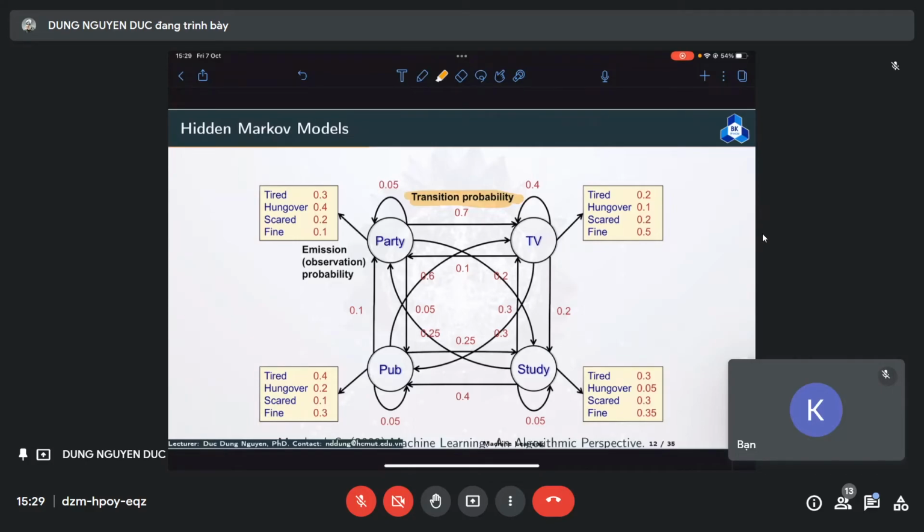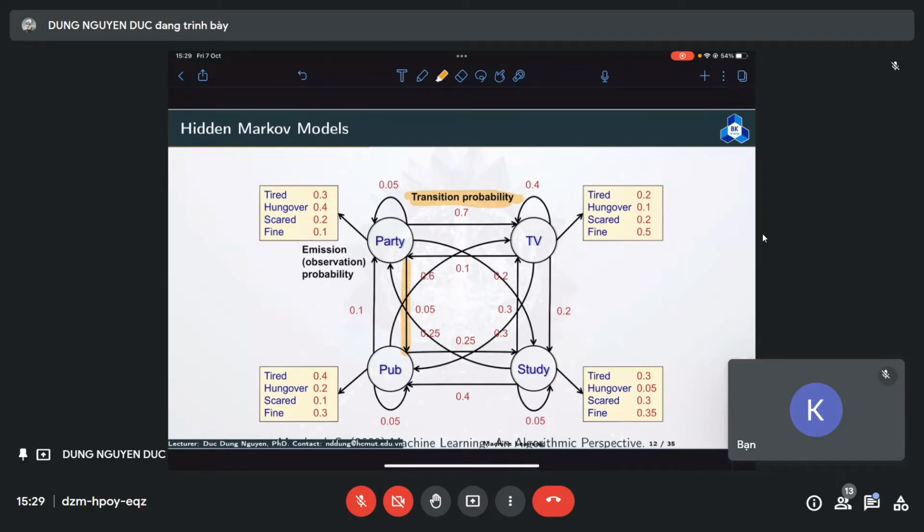Well, why is this so important? Because not every system can transition from one state to the other fully like this. For example, I may have a system saying that, okay, if today I go to a party, the chance of going to the pub the next day is zero, then you may not have this link.